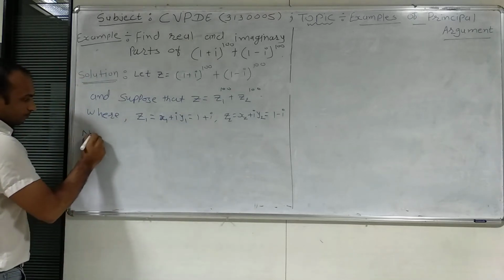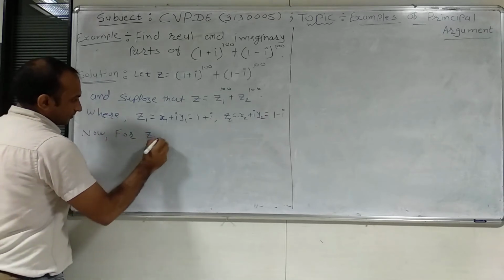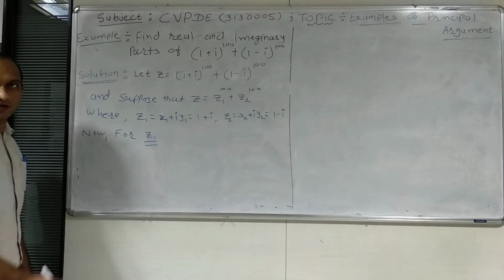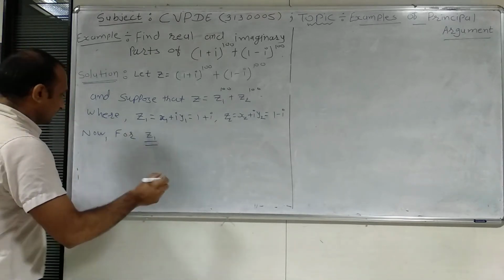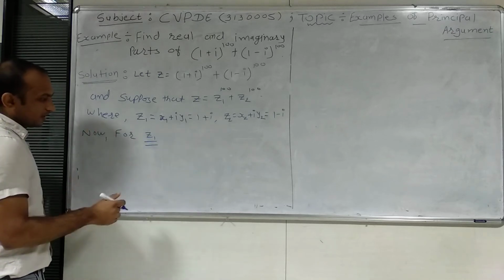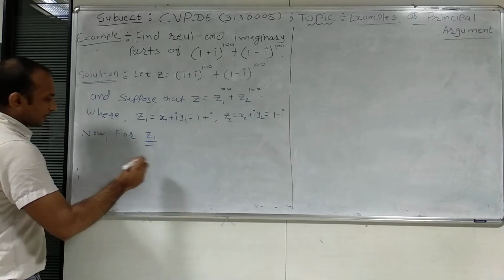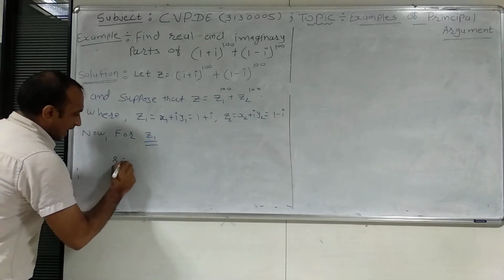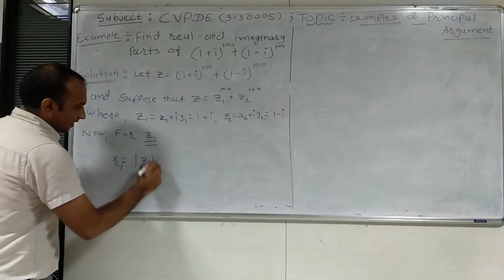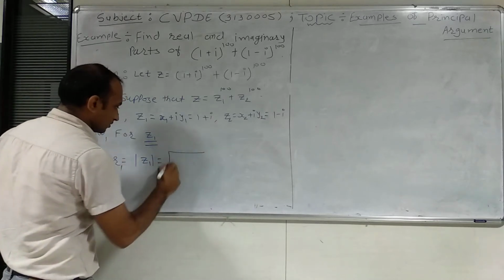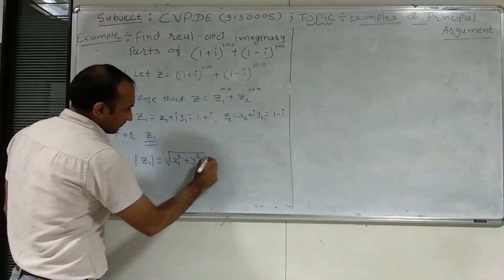Now for z1, okay. First we find the z1 answer and then go to z2. So for z1, now apply radius, that means modulus, and then find the principal argument. So r equal to your r1, this equal to mod z1, this equal to square root of x1 square plus y1 square.